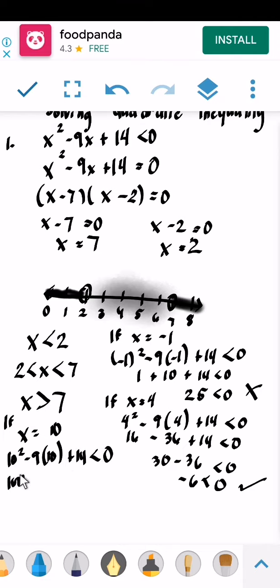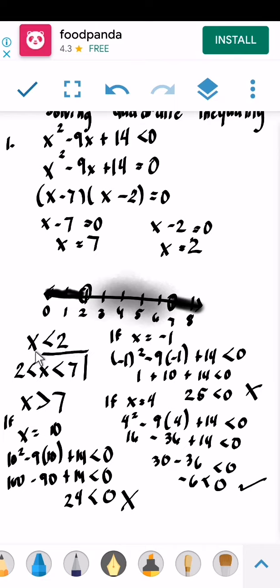So, 100 minus 90 plus 14 is less than 0. 100 minus 90 is 10, plus 14, so 24 is less than 0. Yung 24 ba mas mababa kay 0? No.